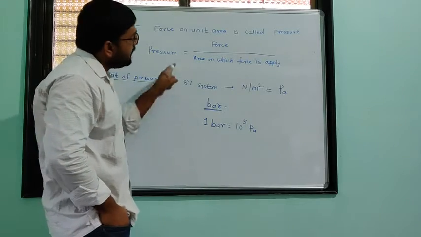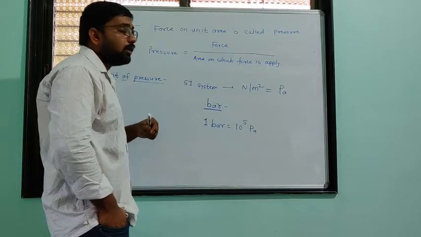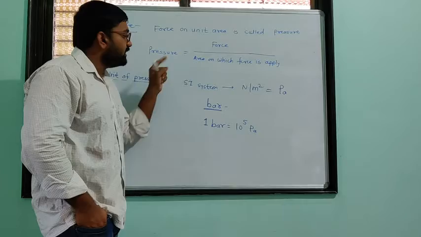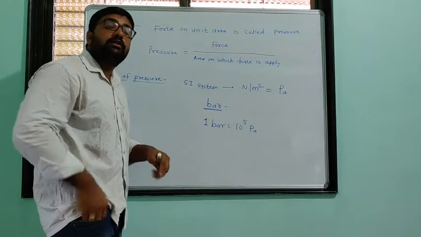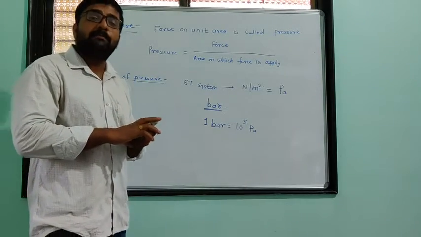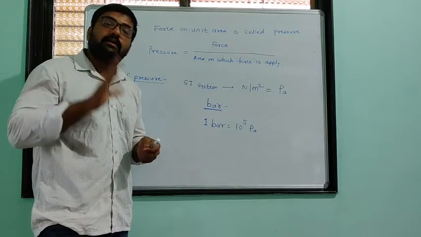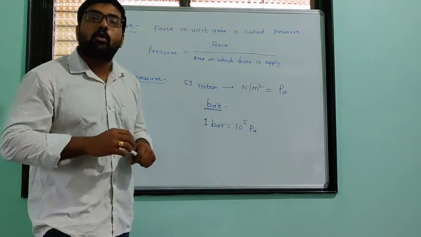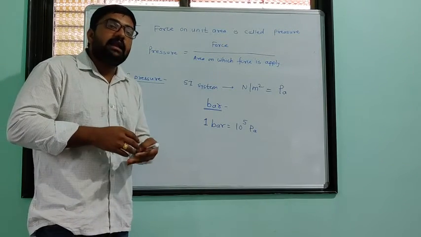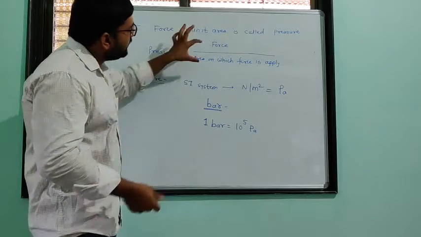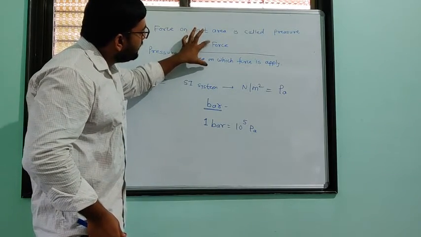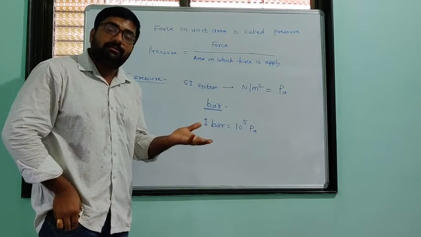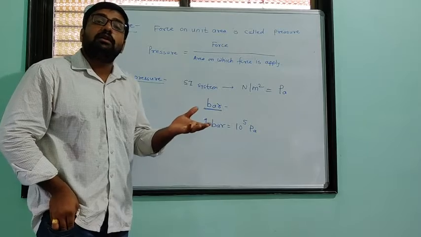As we increase the area of contact between the object and the surface, the pressure decreases, because whatever force we apply is more effective when the area of contact is very small. If the area of contact is large, the ratio of force and area becomes small, which means the pressure goes on decreasing.